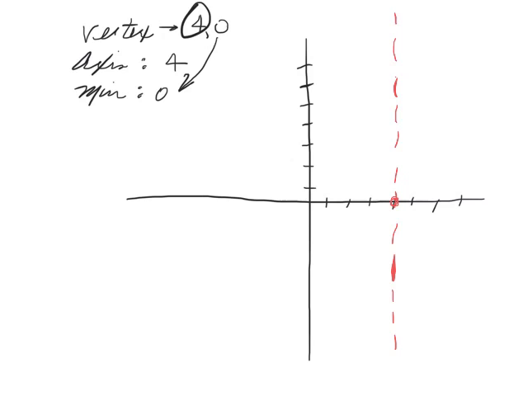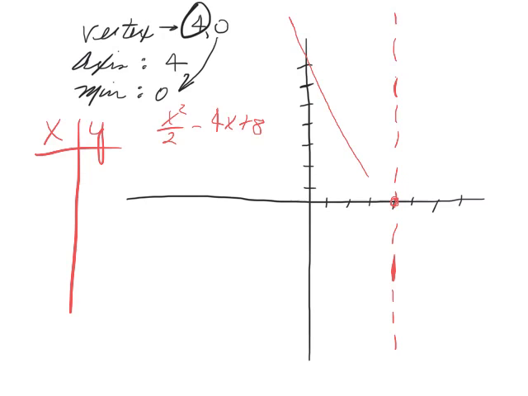But when you plot several points, meaning you make your table and use your x squared over 2 minus 4x plus 8 and throw in different x values and spit out y values, you're going to get a graph that looks like this.